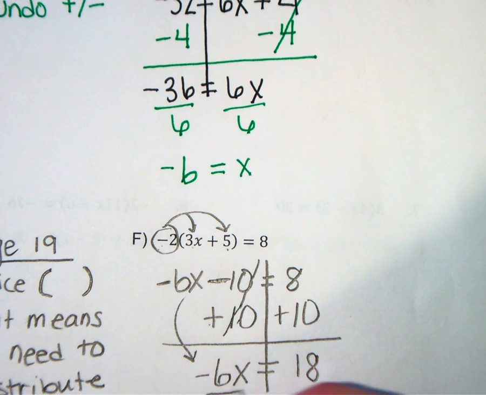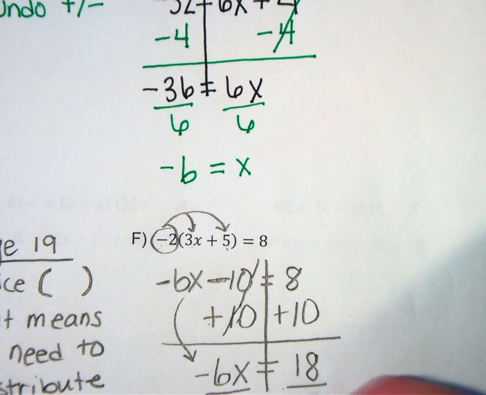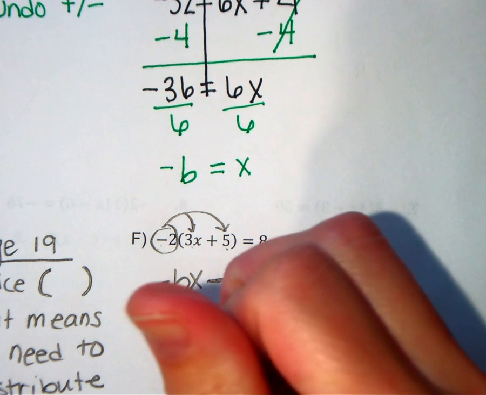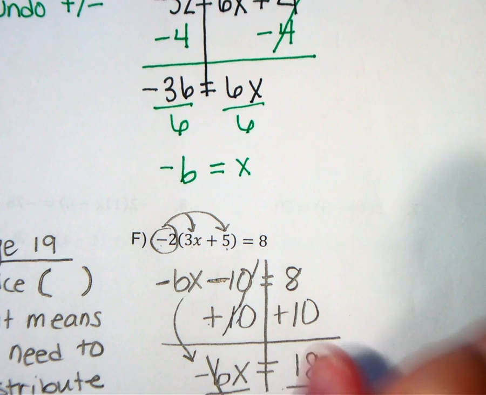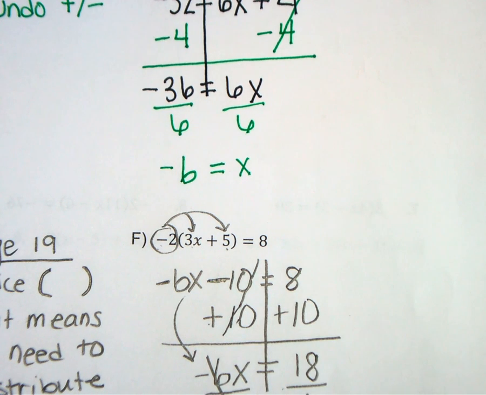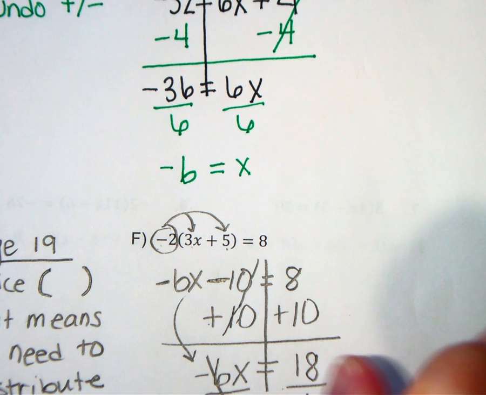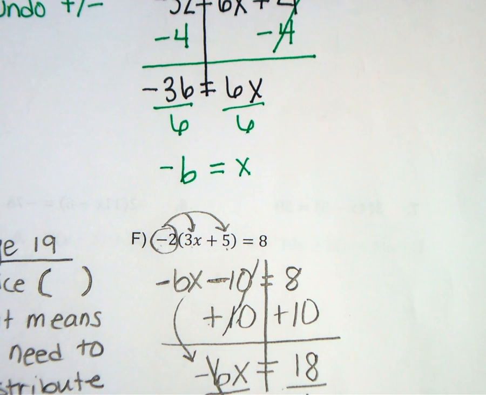Then we're going to divide by -6. And we'll have x equals -3.